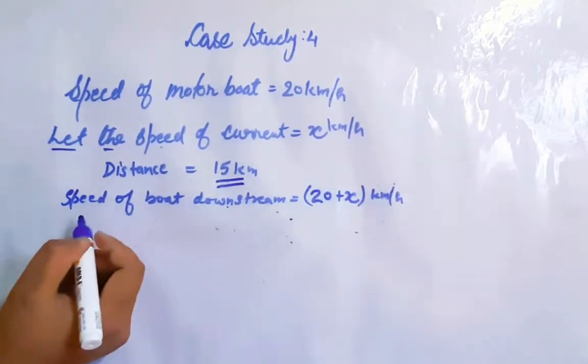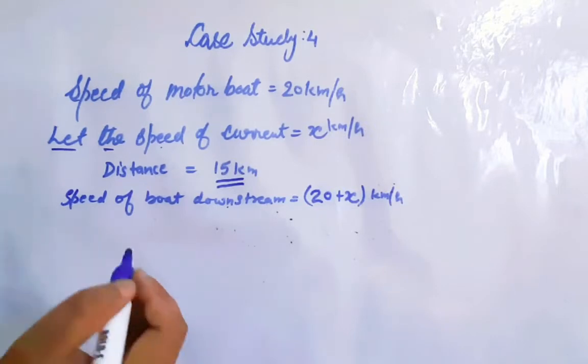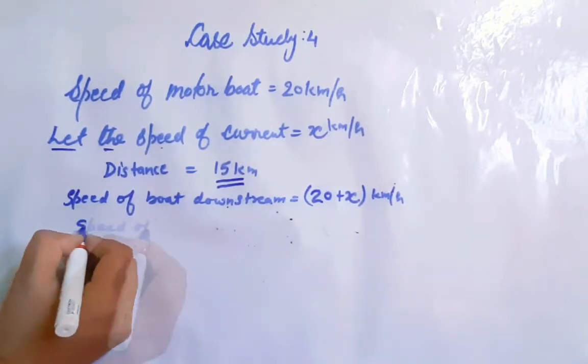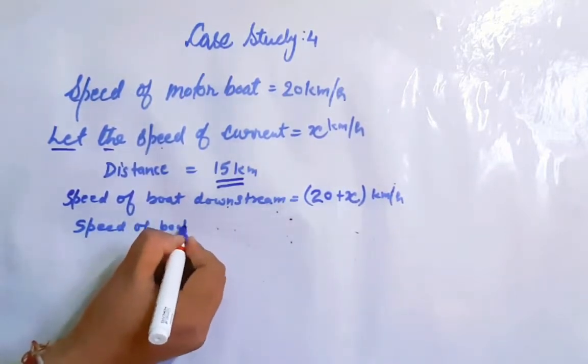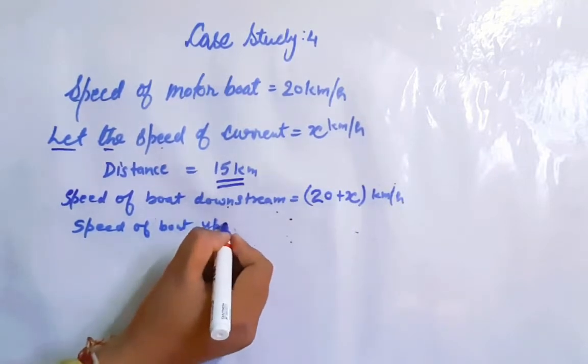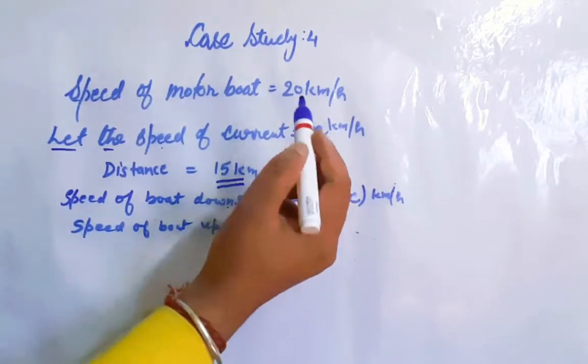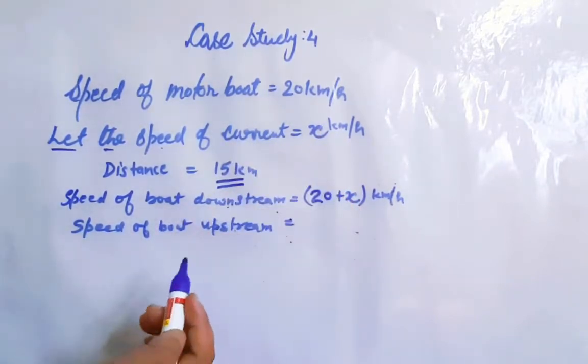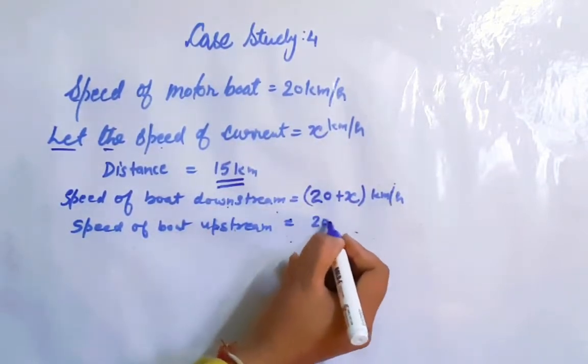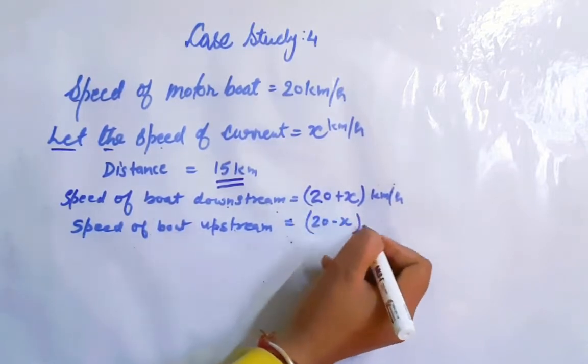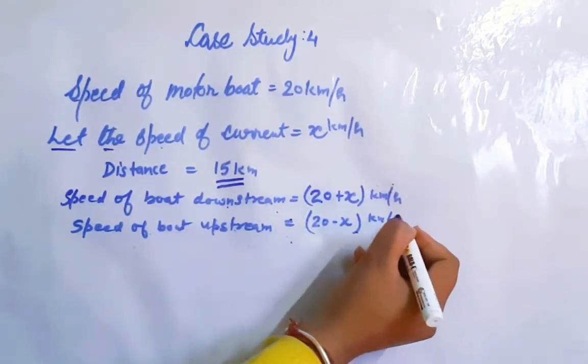Then when the boat is running upstream, the speed of the boat upstream will be speed of boat minus speed of stream, that is 20 minus x kilometer per hour.